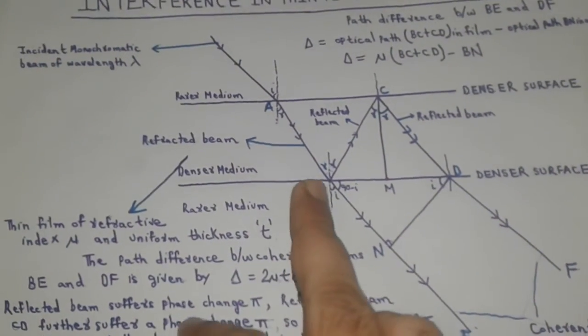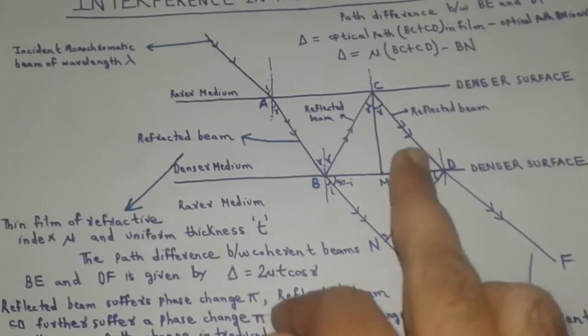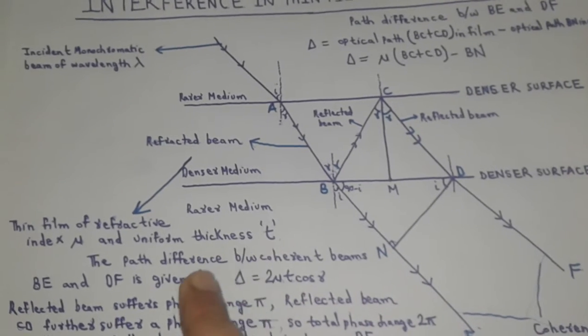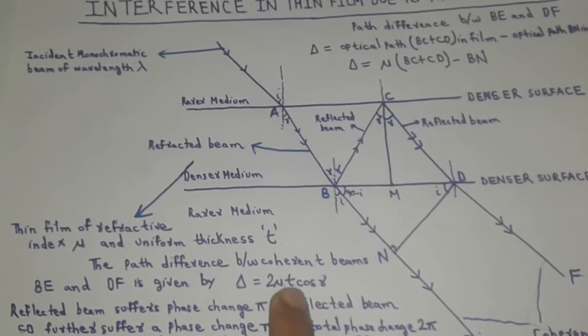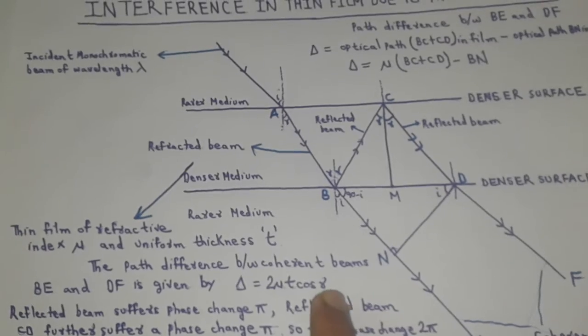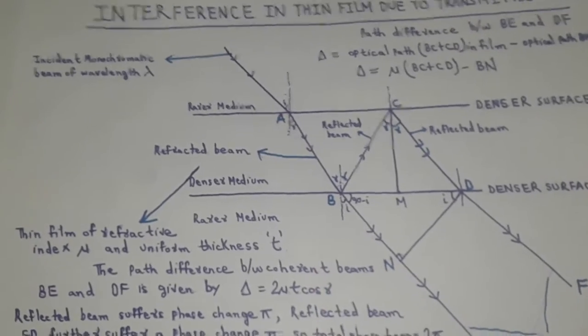The path difference between coherent beams BE and DF is worked out to be delta equal to 2 mu t cos r, where r is the angle of refraction.